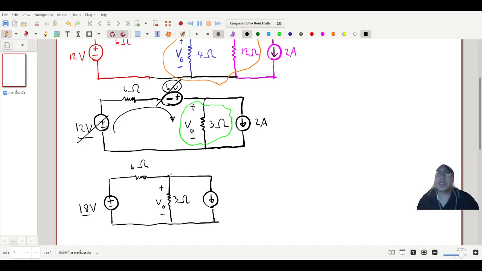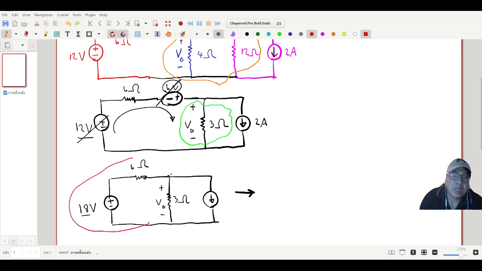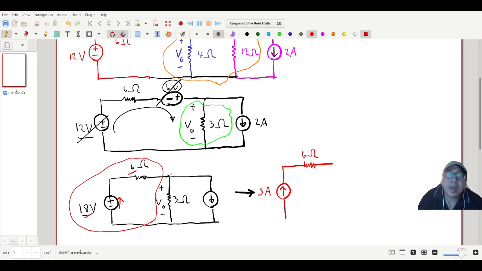Oh, right now the circuit is too small. Can you observe that the circuit is too small? We transform again on the right hand side, this position. This is the direction of the current source, upward. What is the value? I equal V over 3 ampere, and then 6 ohm like this.